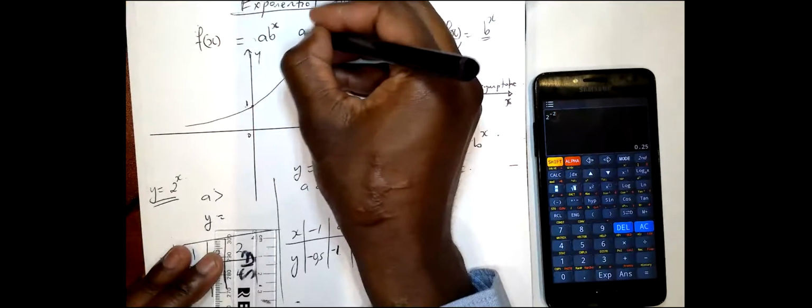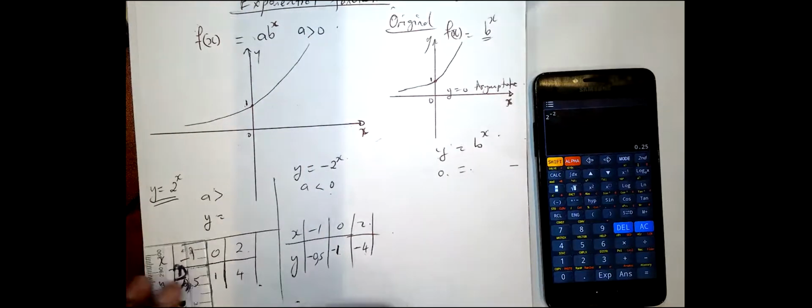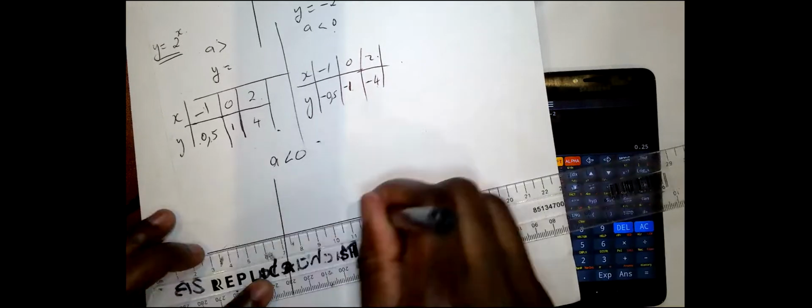So for this one here, a is greater than 0, and for a less than 0, let me just show you here. For a less than 0, your function is actually like this.